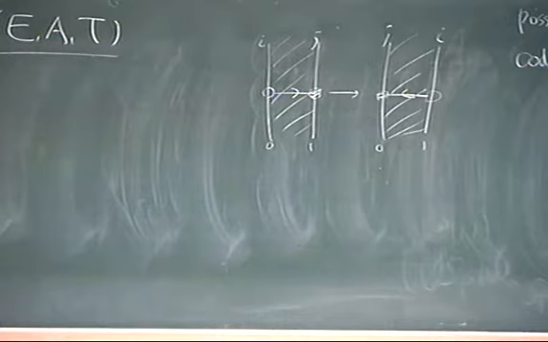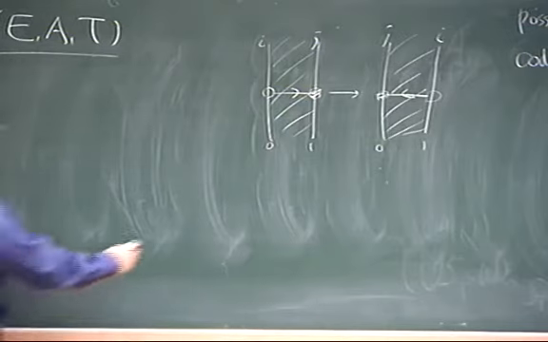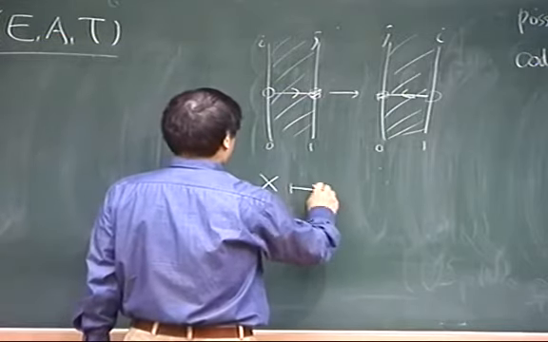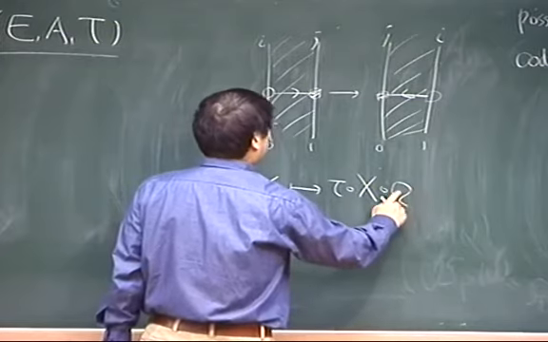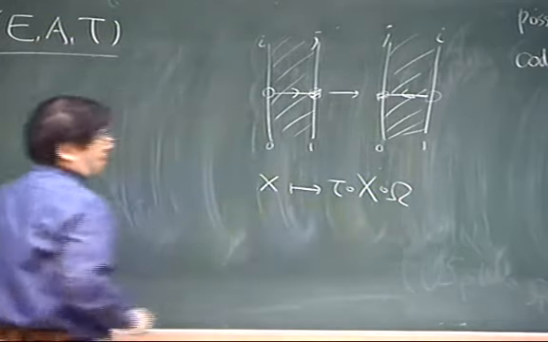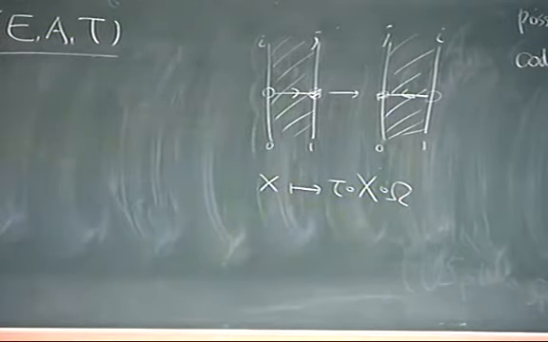So this should involve a transpose, and also this tau. I'm gauging this X to tau X omega. I'm talking about this omega part here, but also this tau part. So A should map to tau star A transpose.